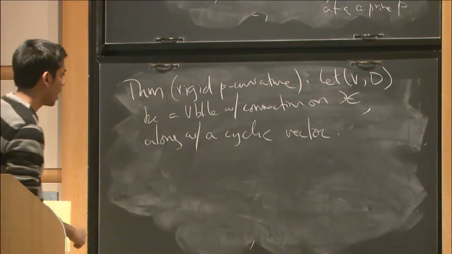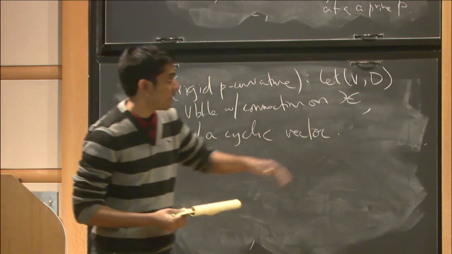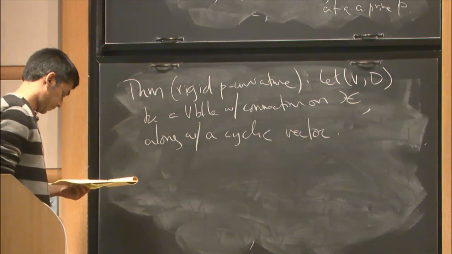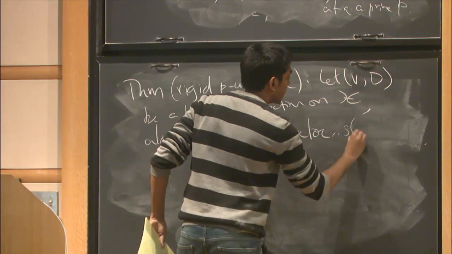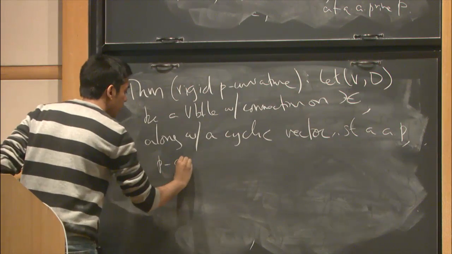And this is a harmless assumption, because given our setup, we can always choose an annulus so that you have a cyclic vector. And such that almost all p-curvatures vanish.